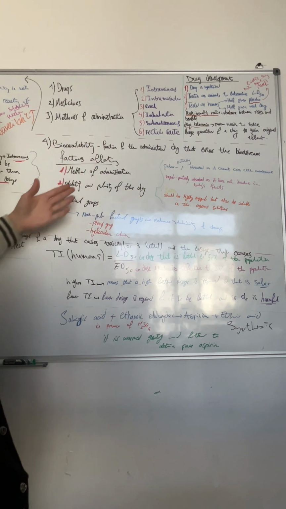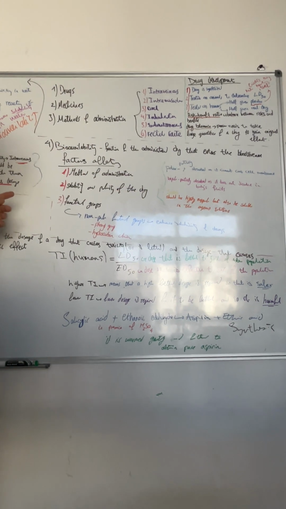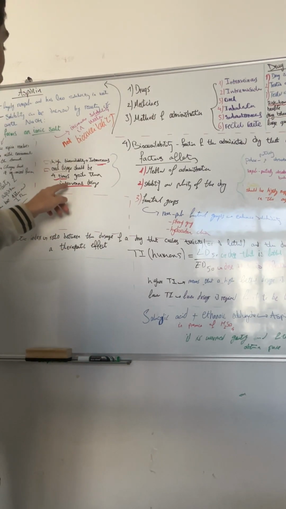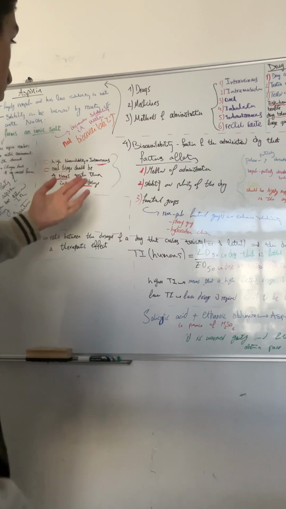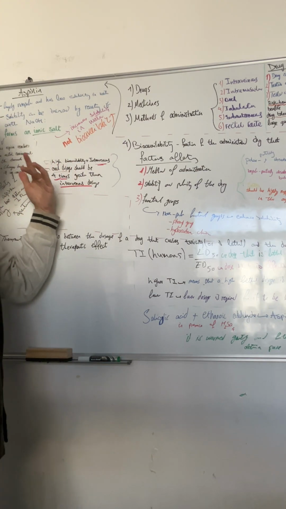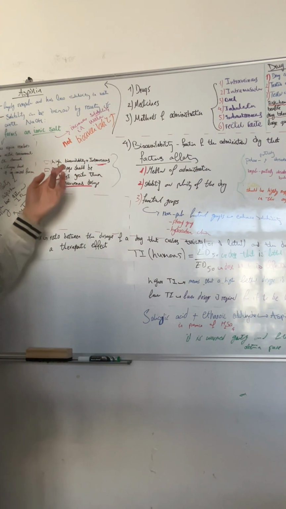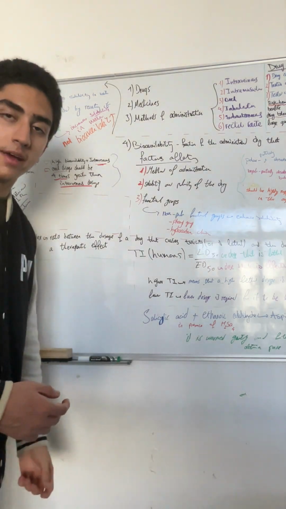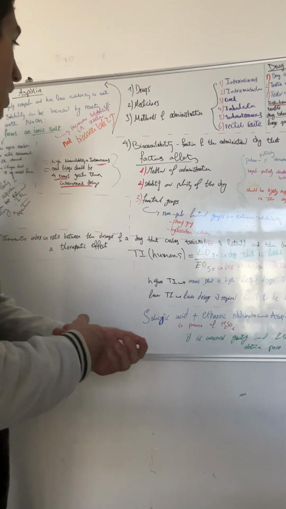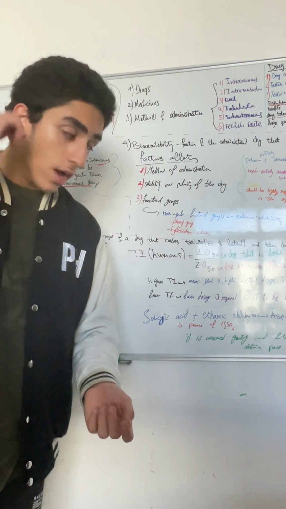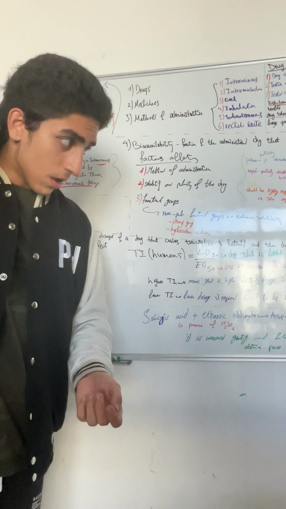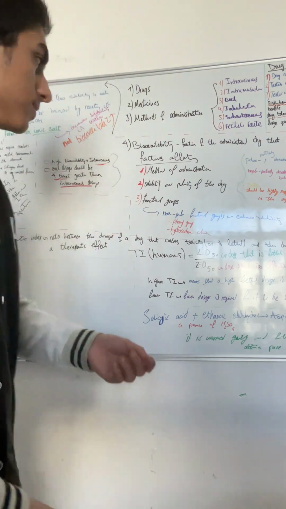If the drug or the medicine is administered intravenously, it has higher bioavailability, because it's right into your veins. It instantly enters your blood flow, and so that's 100% bioavailability.